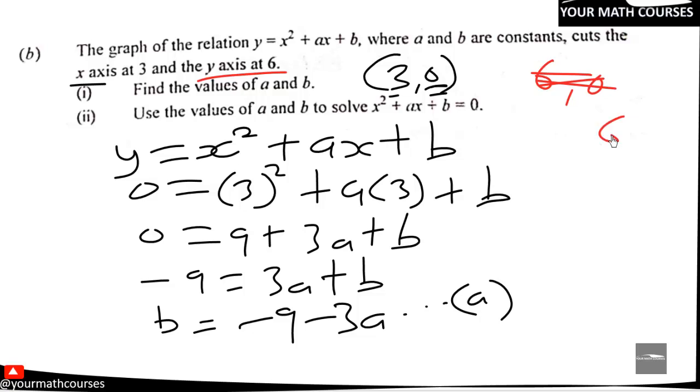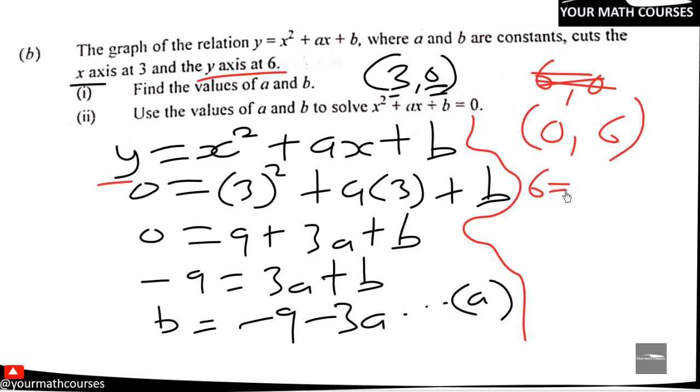So we can put 0 for x and 6 for y. We have 6 is equal to 0 squared plus a times 0 plus b. So we're going to get 6 is equal to 0 plus b, which is b. So the value of b is 6.